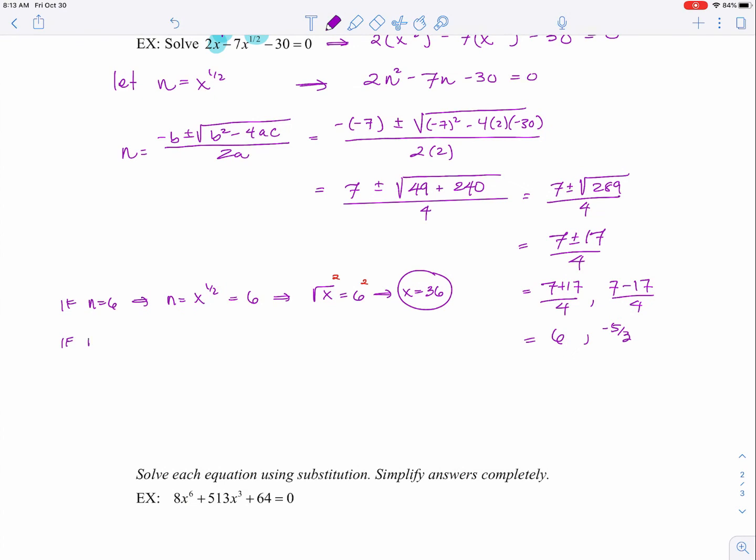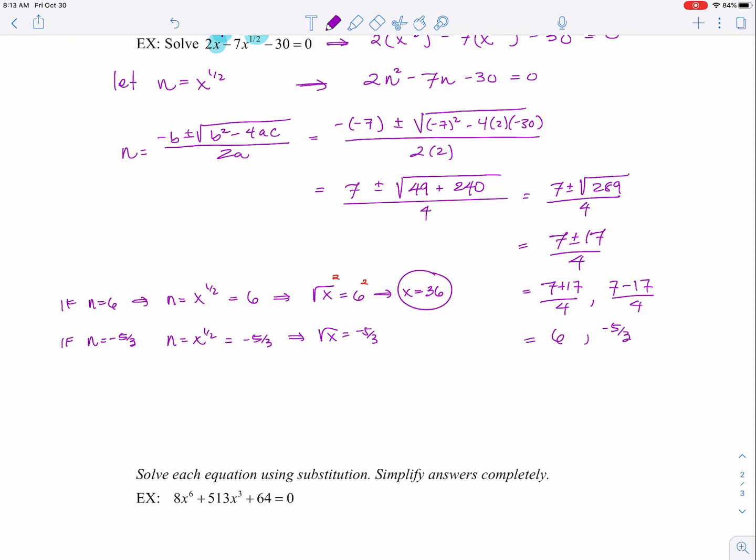If n is equal to negative 5/2, then n equals x to the 1/2 is equal to negative 5/2, which would suggest that the square root of x equals negative 5/2, which doesn't look like it's going to work out too well since it's a principal square root and it's only going to spit out a positive number.